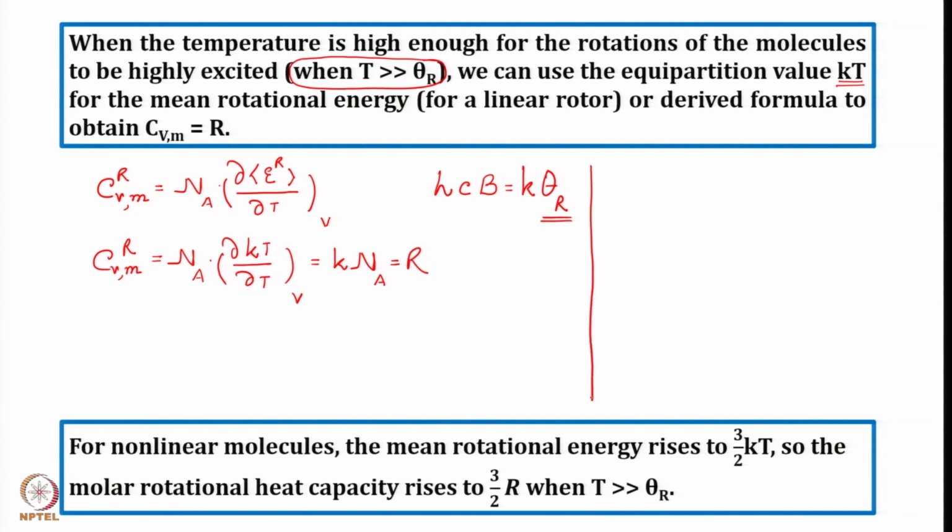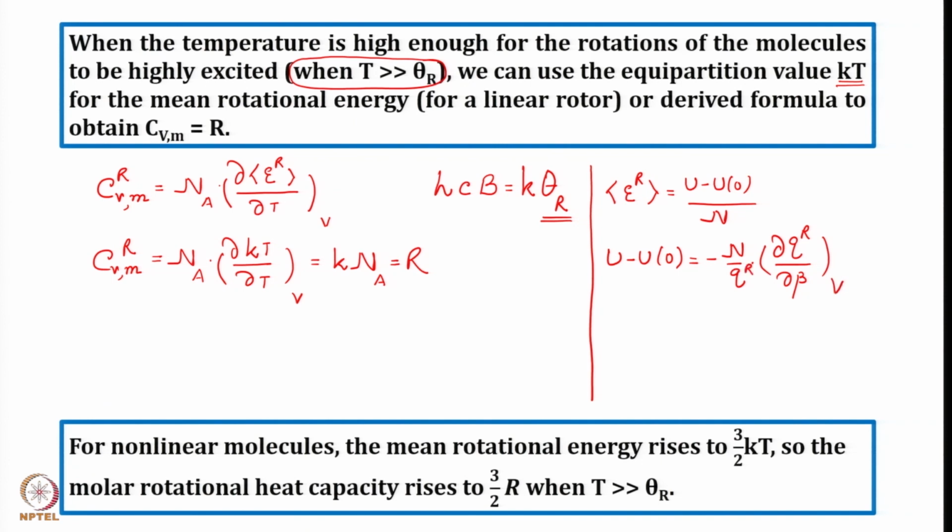This is an easy way of directly putting the equipartition value. Otherwise, ER, which is equal to U minus U0 by N, can be calculated from U minus U0 is equal to minus N by Q del QR del beta at constant volume.